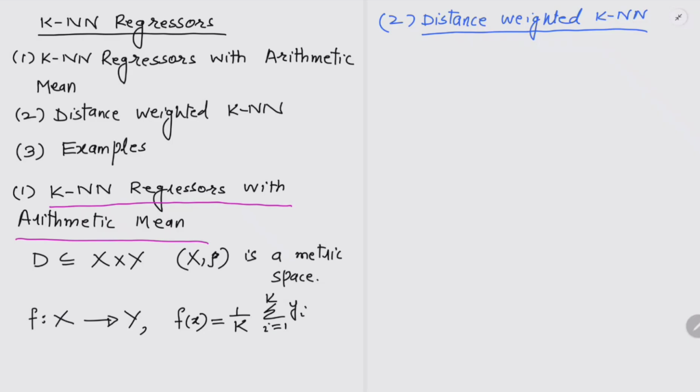So this is the formula. It means that in KNN regressors with arithmetic mean, we take all the label values, sum them, and then divide by k. And k belongs to the natural numbers, so it is the number of points.